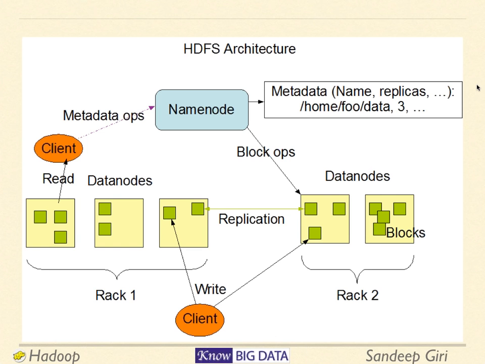So each file is split into blocks, and each block is stored on one machine. Each block will have multiple copies stored on other machines, so that in case one of the nodes dies, the data on another machine is available.